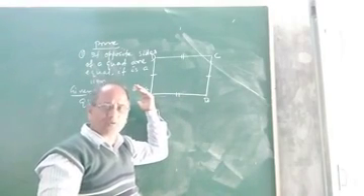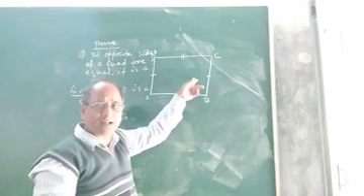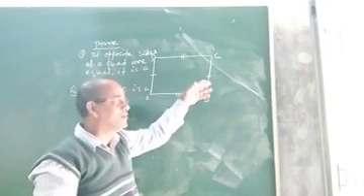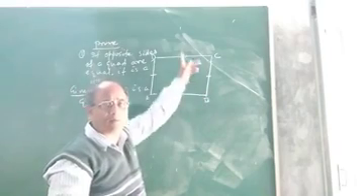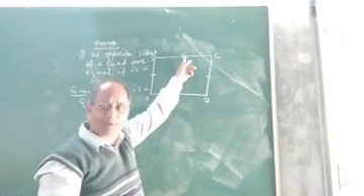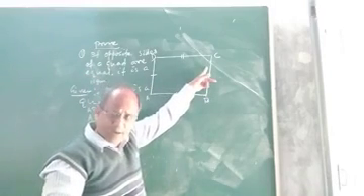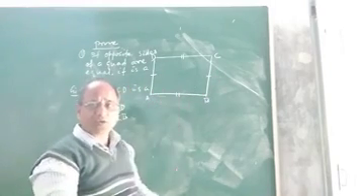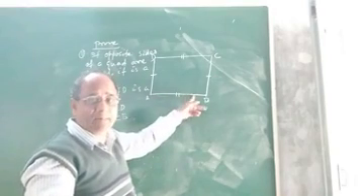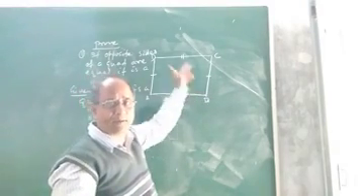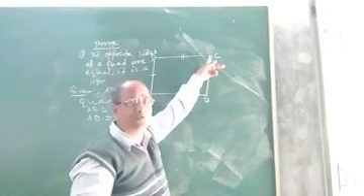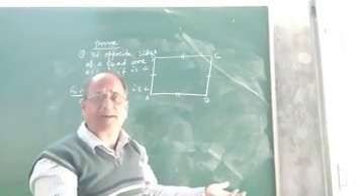So to prove this, we can show that AB is parallel to DC and AD is parallel to BC, then no doubt it will become a parallelogram.